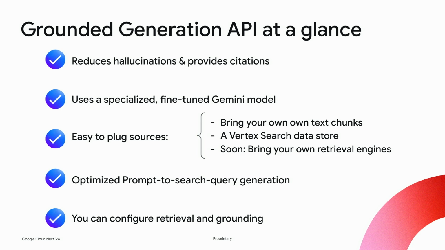And it has the additional advantage that, if you plug in a source, it also takes over the task of mapping a prompt to the queries for that source, which might sound simple, but there is a lot of tuning that is needed to make sure that mapping is done right to retrieve the most relevant things for a specific prompt. Currently, as I said, it's supporting Vertex Search. Our plan is to extend it so you can plug any third-party retrieval engine as a kind of plugin to the API.